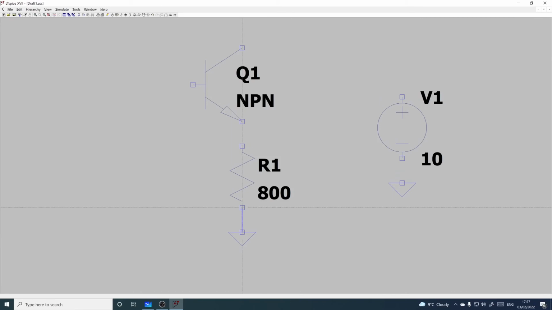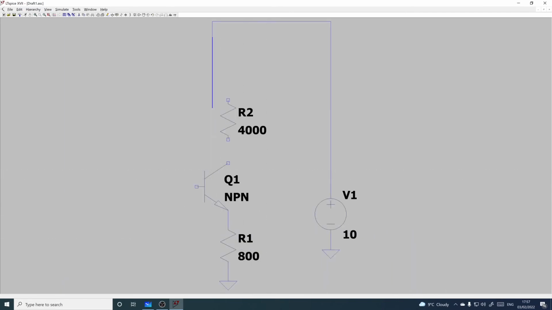My monitor's in 4K, which was a bit of a dumb move because you can't see anything. But work with me. Alright, that's just exactly what I wanted. Slick. Well done.